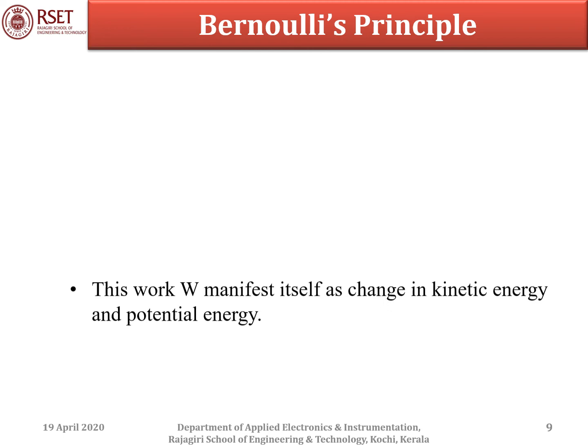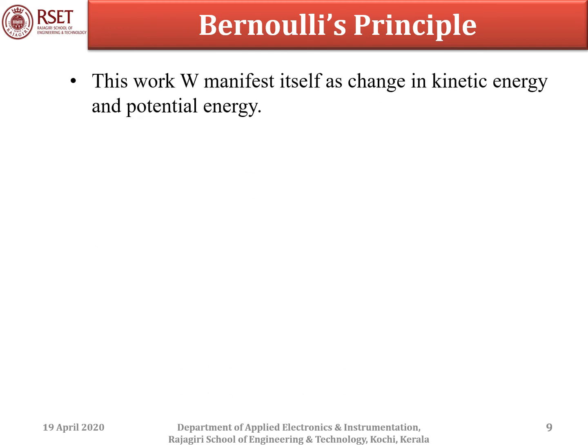The work W shows itself as change in kinetic energy and potential energy. So W is equal to delta K, that is change in kinetic energy, plus delta U, that is change in potential energy.